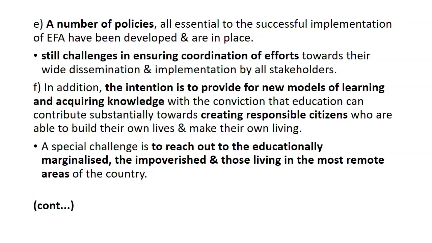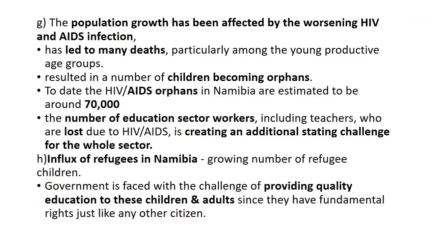In the sixth place, the intention is to provide for new models of learning and acquiring knowledge, with a conviction that education can contribute substantially towards creating responsible citizens who are able to build their own lives and make their own living. Here, the particular challenge is to reach out to the educationally marginalized, the impoverished, and those people that are living in the most remote areas of the country.